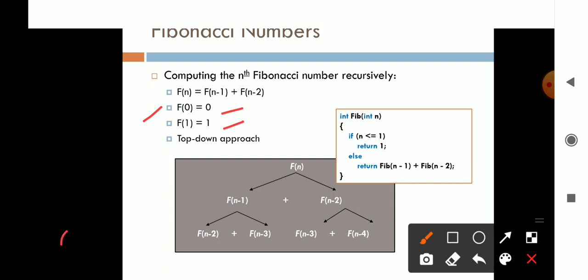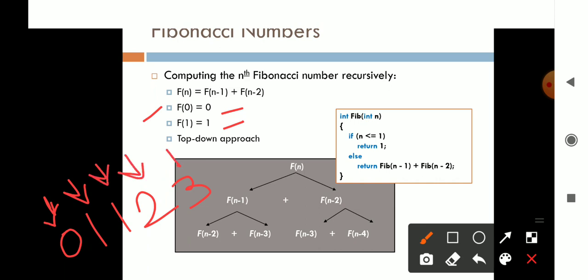So here we have 0, 1, 1, 2, then 3. This is your f of 0 and this is your f of 1. And after that f of 2 is 1, f of 3 is 2, f of 4 is 3 here. So likewise we are going in a forward manner. So that is the Fibonacci series here.